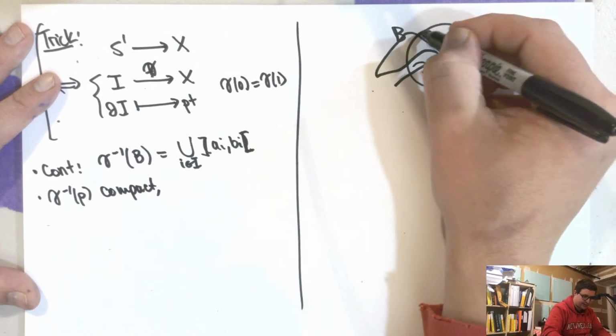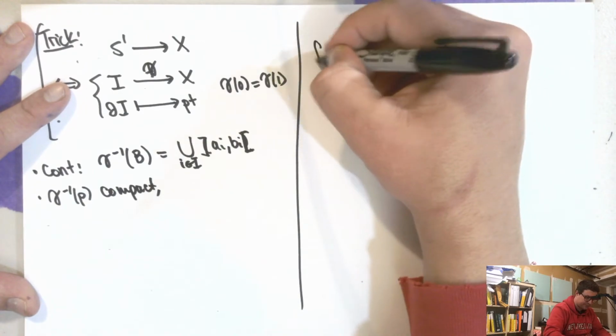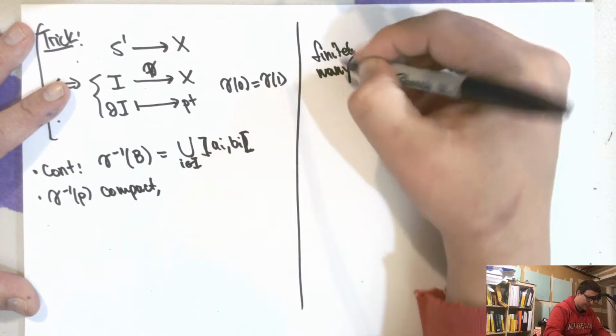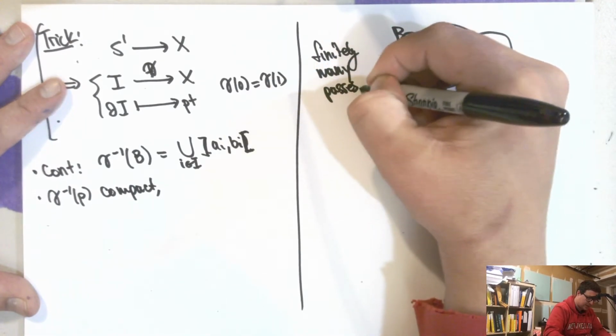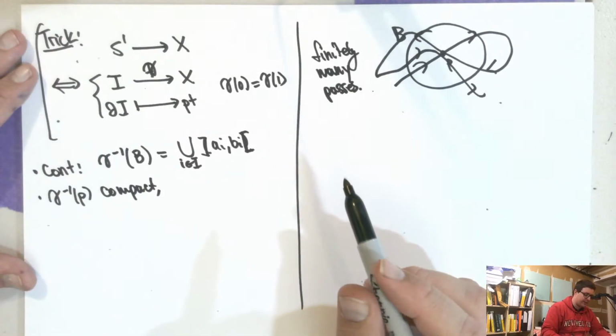So this is gamma, but this can only happen finitely many times, finitely many passes. And in particular, we know that it enters the neighborhood finitely many times.